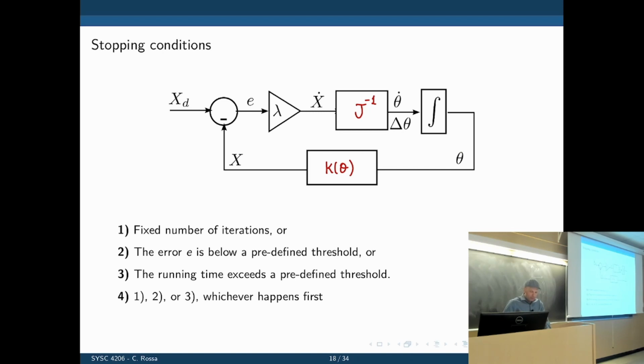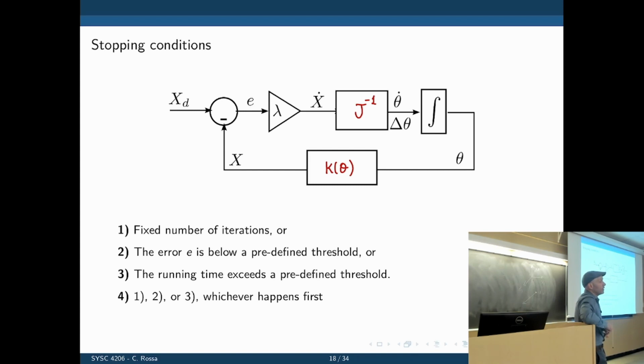So that's how we're going to solve this problem. So when do we stop? When do we know that we found a suitable solution? Well, we have several ways to do that. Number 1, we can say run this a fixed number of times, let's say 100 times, and you take the solution that comes out of it. We can say that we want the error to be under a certain threshold, so we'll let it run until the error is below a certain threshold. Problem is, what if you never reach it?